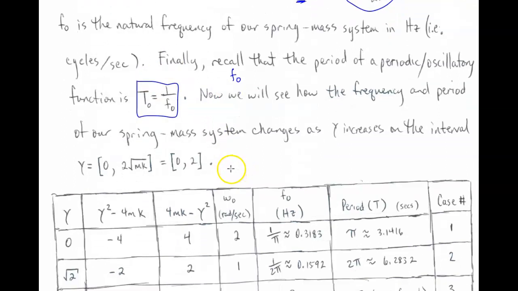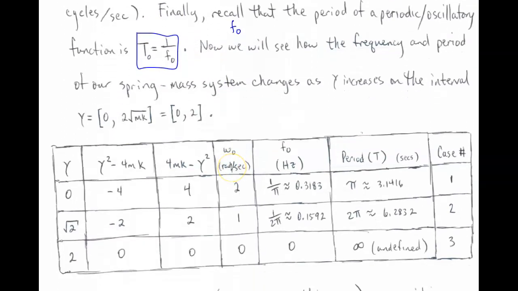Now, what I'm going to do here is look at the damping from 0 to 2. Okay. And so if we do that, we see that in the case where there is no damping, of course, our discriminant is going to be the largest magnitude-wise that it would be.